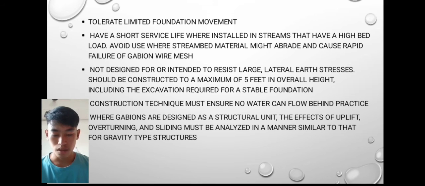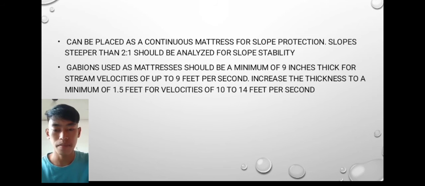5. Where gabions are designed as a structural unit, the effect of uplift, overturning, and sliding must be analyzed in a manner similar to that for gravity-type structures. 6. Can be placed as a continuous mattress for slope protection; slopes steeper than 2 to 1 should be analyzed for slope stability. 7.